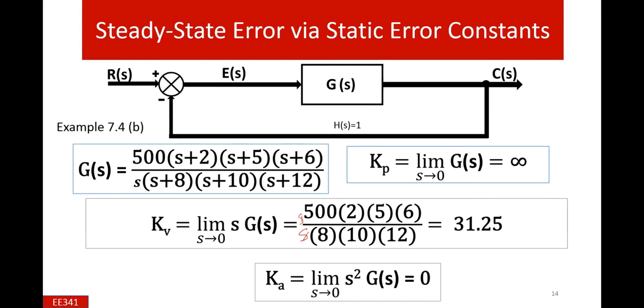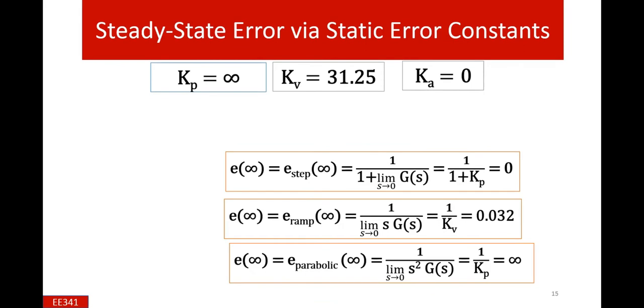The open loop transfer function is type 1, so one s is cancelled out and the remaining term has an s, so as s approaches 0 the whole thing equals 0. So now the acceleration constant is 0. For type 1, Kp is infinite, Kv is some constant value, and Ka is 0.